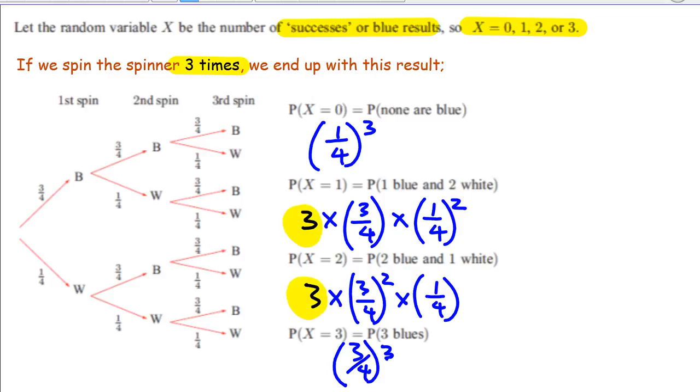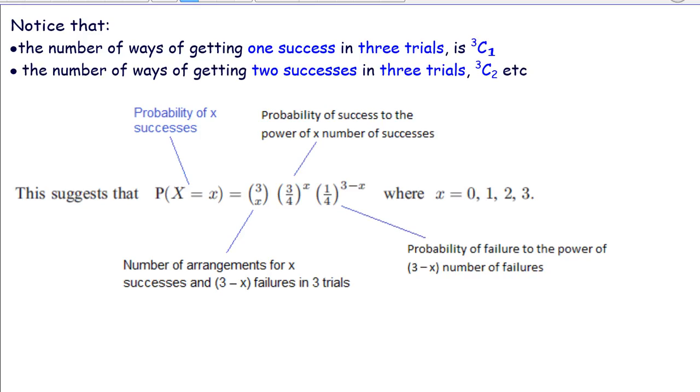These are the number of ways of getting that. So back here, the number of ways of getting one success or one blue result is 3 choose 1, and we know that 3 choose 1 is equal to 3.